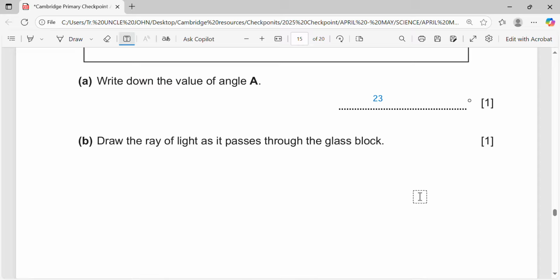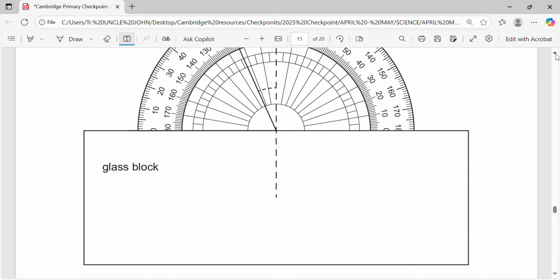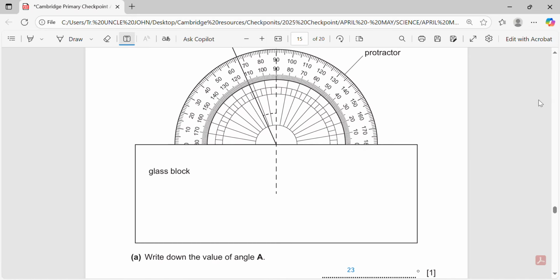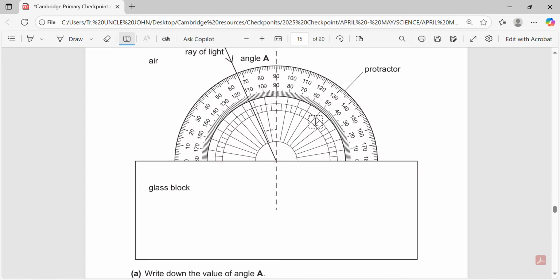Draw a ray of light as it passes through the block. To draw it, you need, of course, a ruler to make sure.